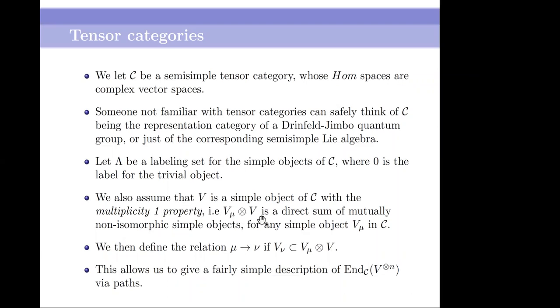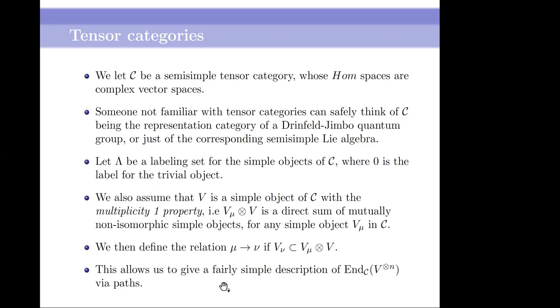In other words, when you tensor it with any module V_mu, it is a direct sum of mutually non-isomorphic simple modules. And by the relation, we mean the following: V_nu will be included in V_mu tensor V if there is a relation from mu to nu.